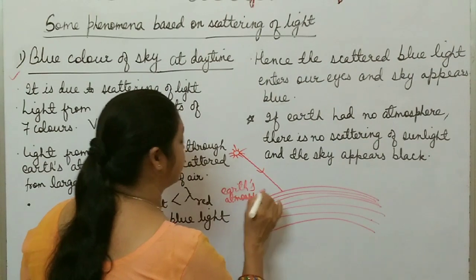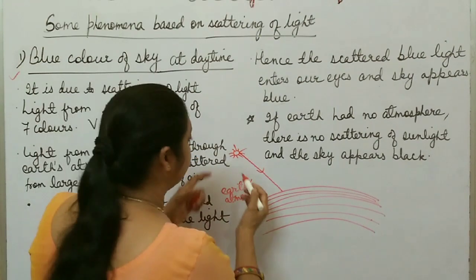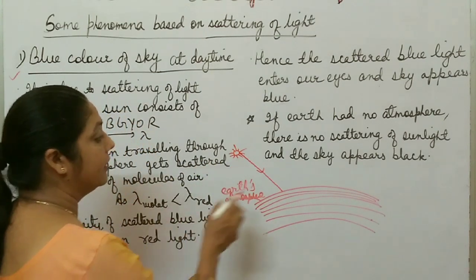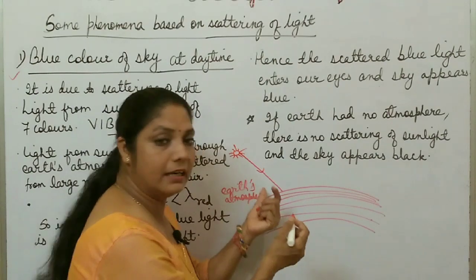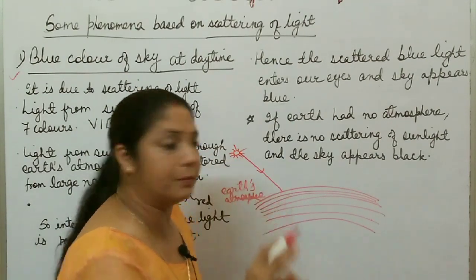And in Earth's atmosphere, there are a large number of air molecules. So when the sunlight enters this Earth atmosphere, what happens? The sunlight is scattered by the air molecules in all possible directions.